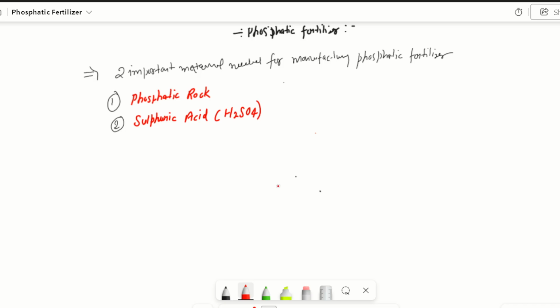Almost all phosphatic fertilizers are produced from it. The best source for making rock phosphate is fluorapatite, Ca10(PO4)6F2.